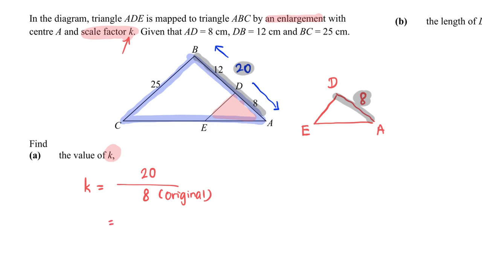It will be equal to 5/2 or 2.5. We accept either of these answers. So the blue triangle is 2.5 times larger than the red triangle.